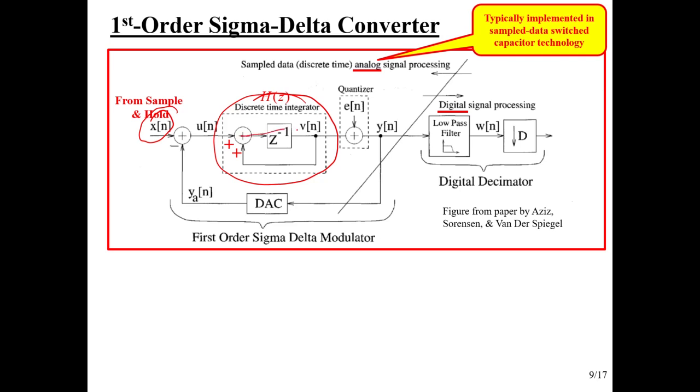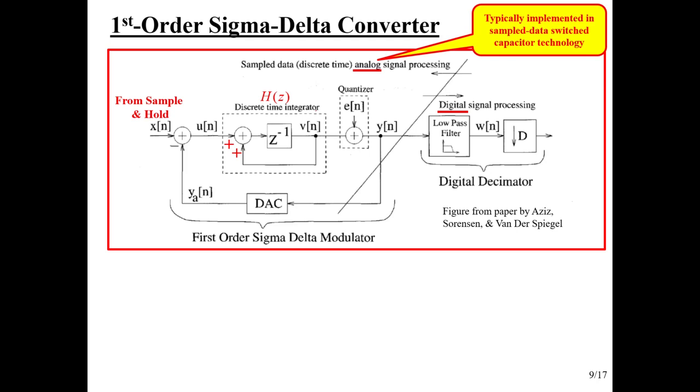It itself has a feedback loop. We know how to analyze that. Then we're modeling the quantizer with the addition of the quantization noise. And here's the feedback. We're showing the DAC there, but again, we can just ignore that in our analysis.